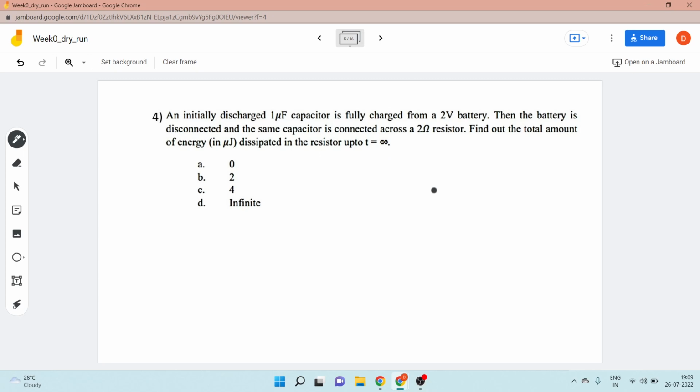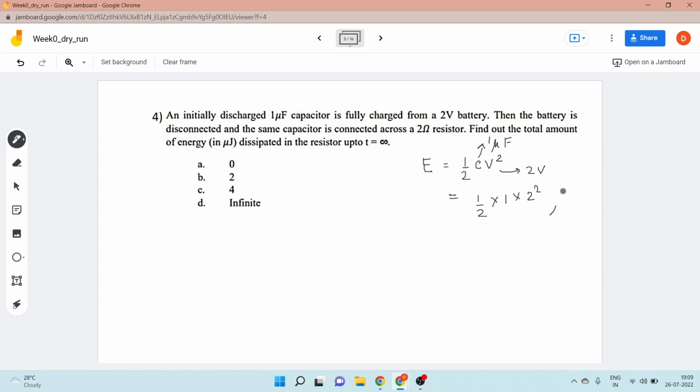So energy that is for now stored in the plates of the capacitor will be E equal to half CV square, right? Now C is given as 1 microfarad and the battery voltage is 2 volt. So if we calculate it, it will be half into 1 into 2 square.